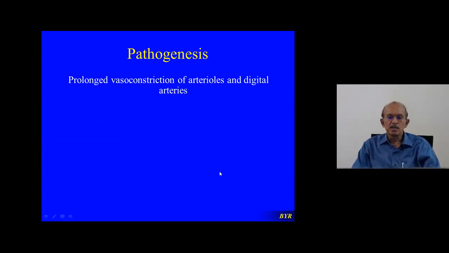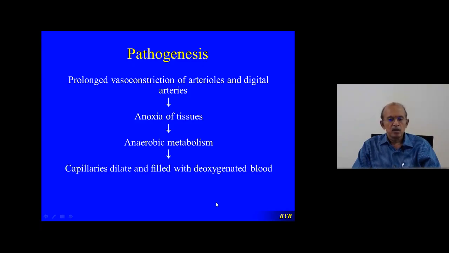This prolonged vasoconstriction can lead to anoxia of the tissues. Whenever anoxia is there, there will be anaerobic metabolism. Anaerobic metabolites, lactic acid, pyruvic acid, and other metabolites, cause vasodilatation. Because of this, the capillaries dilate, but the arterioles are still constricted.